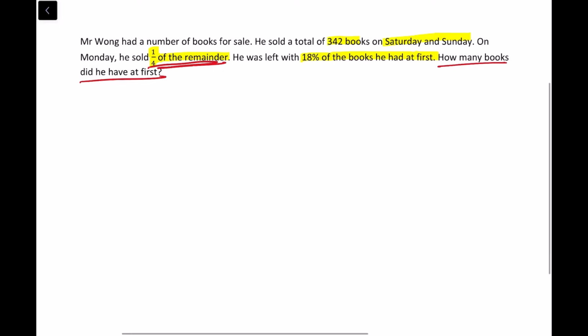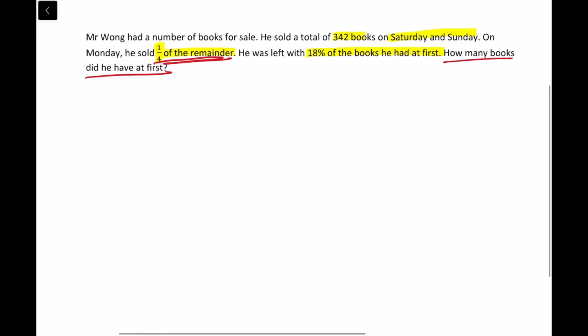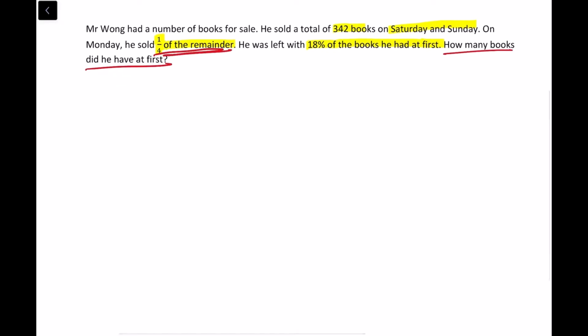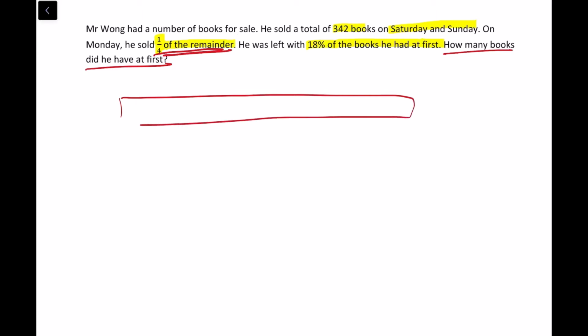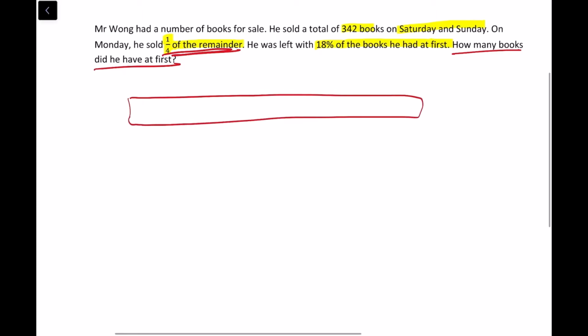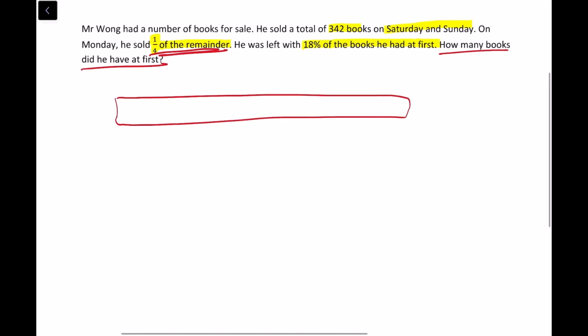Okay, so this is a simple question. First we are given that he had some number of books at first. We don't know how many, so we'll just draw this model without the number of books inside it. Then on Saturday and Sunday he sold 342.